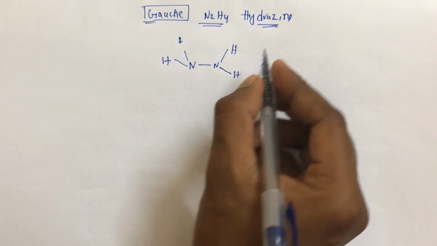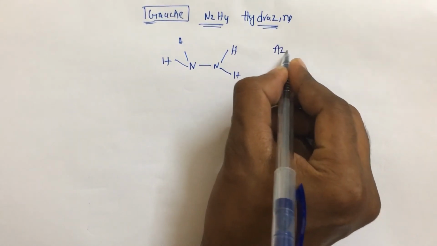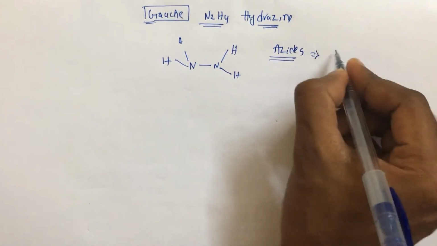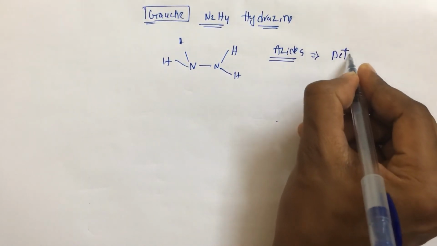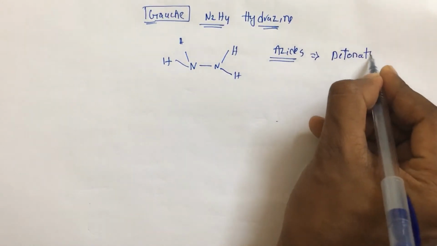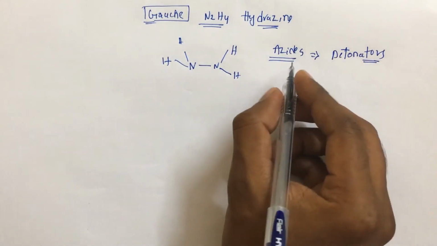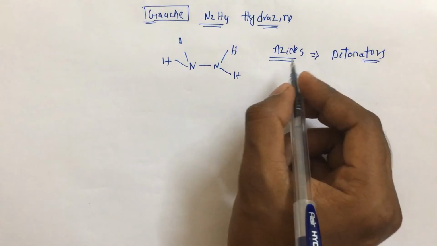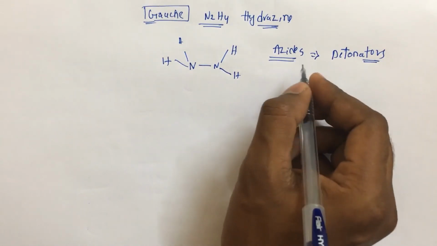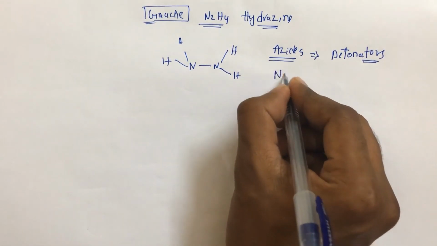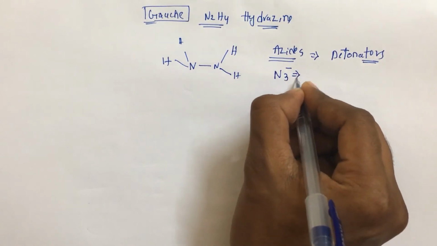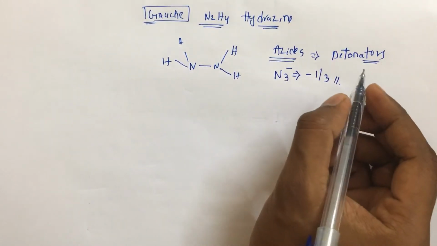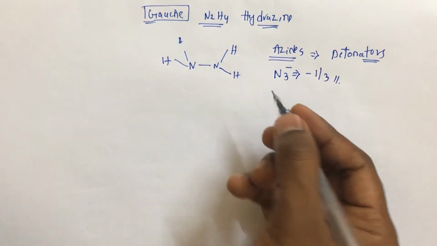As I said, the next important one is azide. Azides are very important because we use them as detonators, since they are highly explosive in nature. In N3 minus, the average oxidation state is minus 1/3. Why is it so explosive?